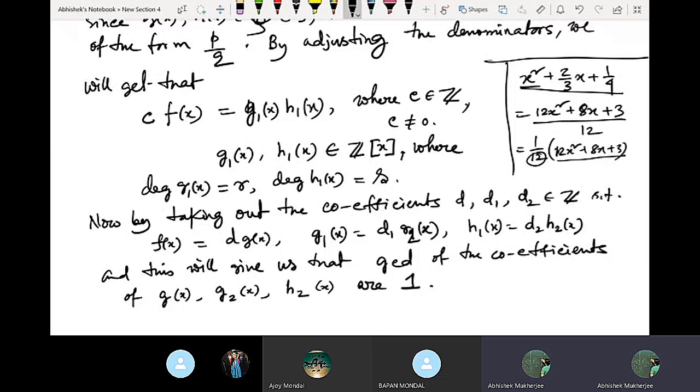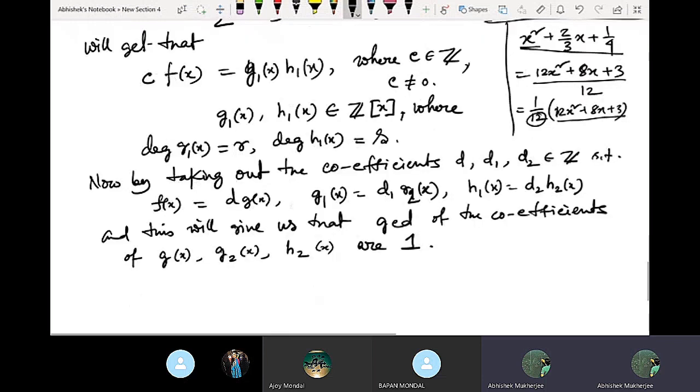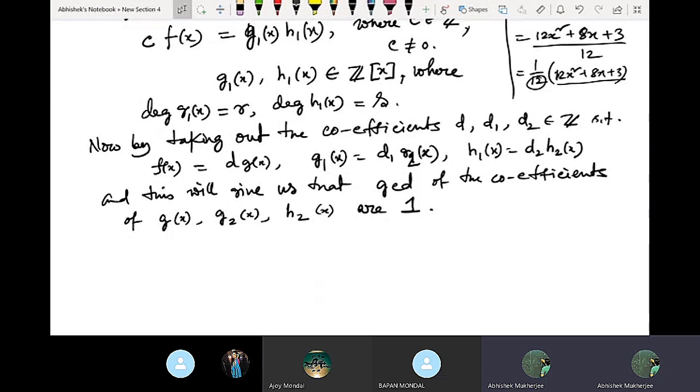That is, there are no other common factors in the coefficients of gx, g2x and h2x.